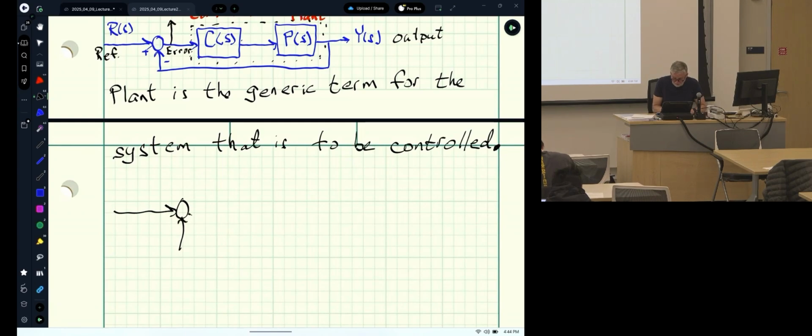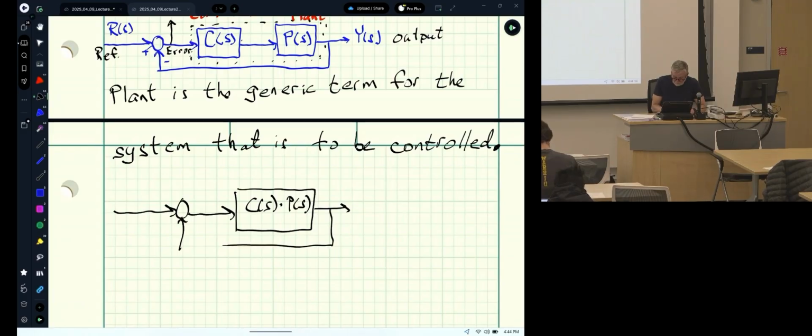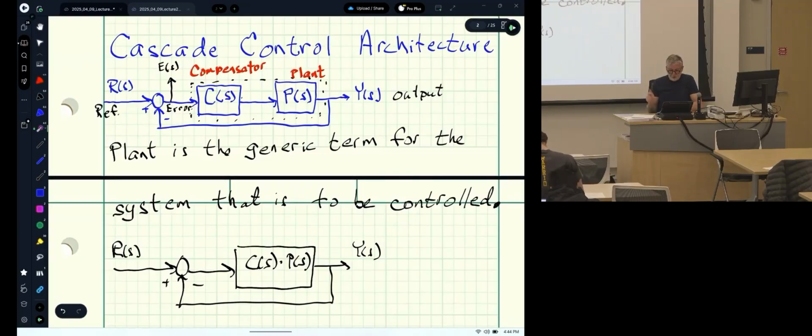And so this is C of S, P of S. Okay, so we can apply the same formula that we had for a unity feedback, calculating the relationship between a reference signal and an output, as we had for a simple unity feedback system.